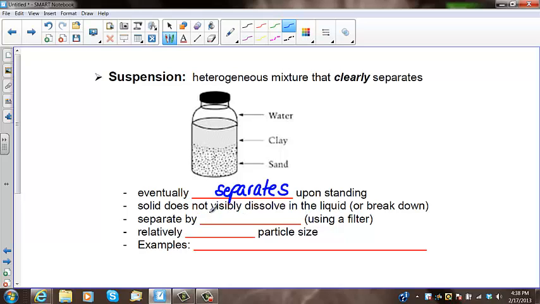You can also separate by filtration using a filter. And this is for relatively large particle size. And I listed some examples already, but we can just list sand and water again here.